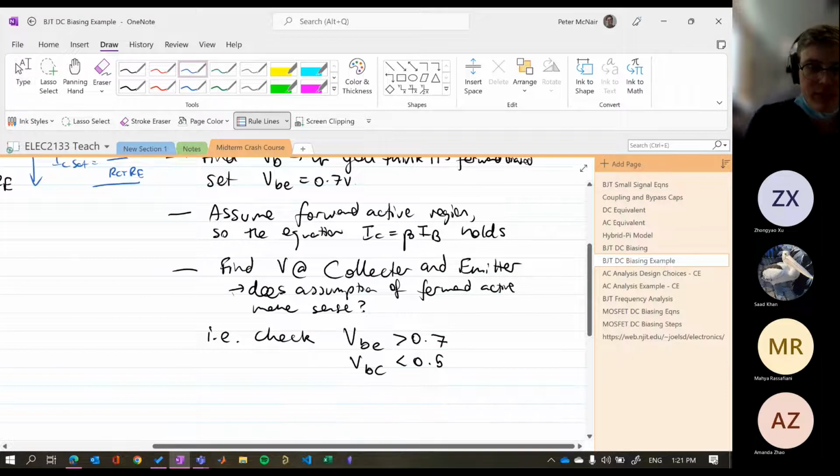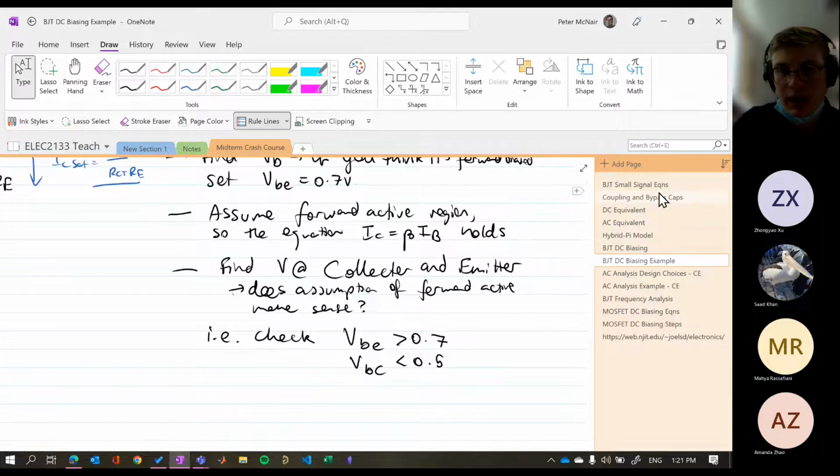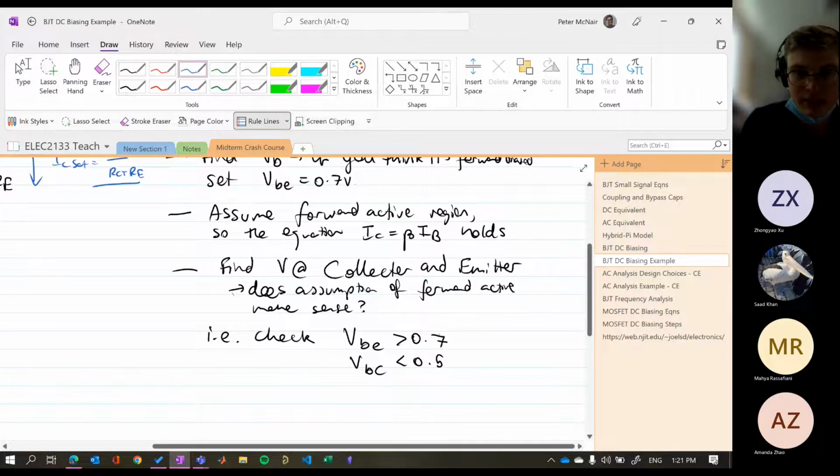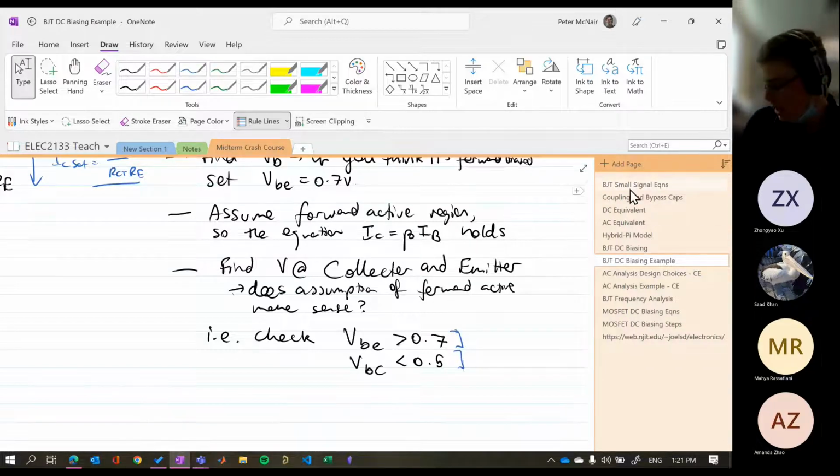And then we find the different voltages around our transistor, so collector and emitter voltages, and then we make sure that our assumption of forward active actually makes sense. So we check that VBE is greater than 0.7 and VBC is less than 0.5. These are good values to keep in mind. So this is sort of a forward biased voltage, and then we want this to be reverse biased.